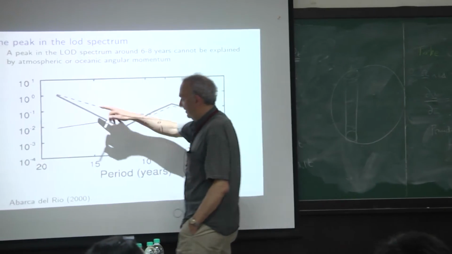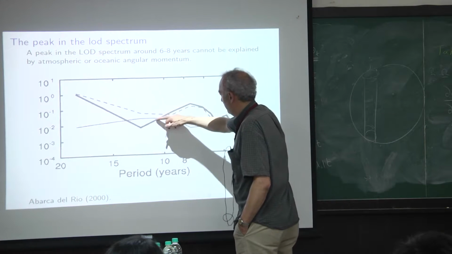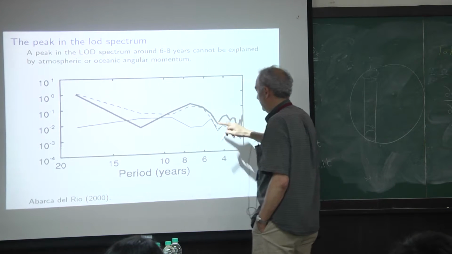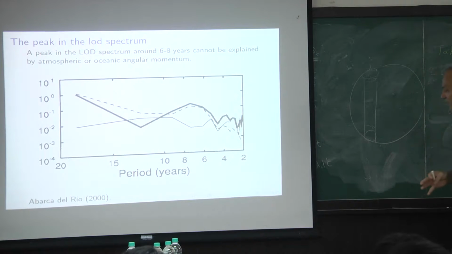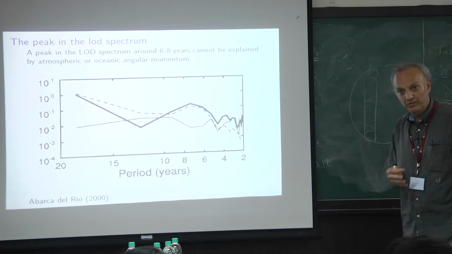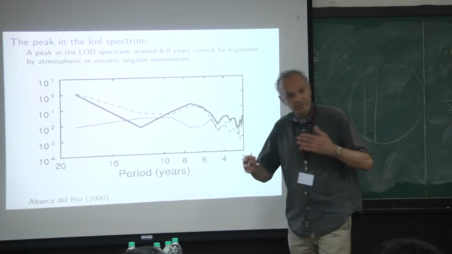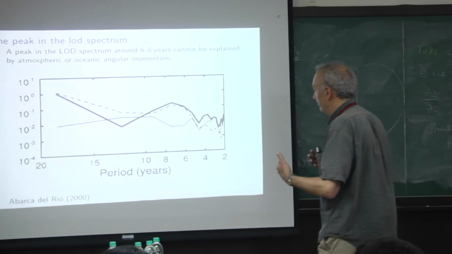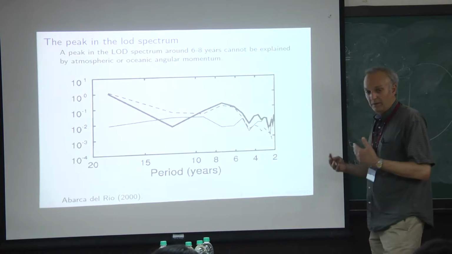So this is the spectrum of the length of day with this bump in the kind of 8 to 6 year period range. The first question that was asked was, could it be that the atmosphere or oceans could explain this bump in the length of day signal? If the atmosphere and oceans were taking up angular momentum on that period range, then we would be able to actually see it.